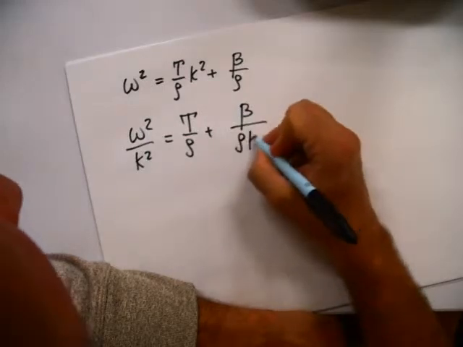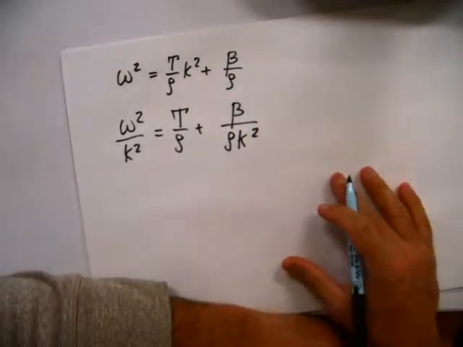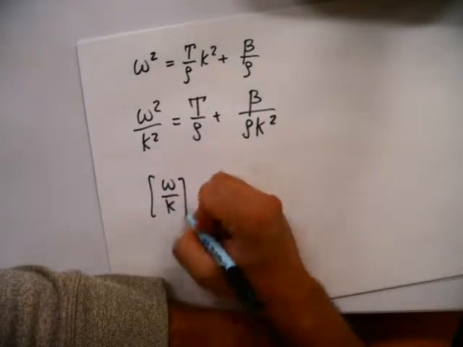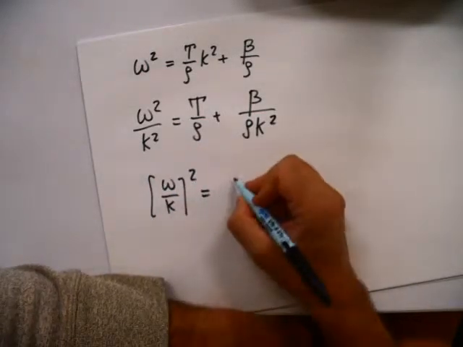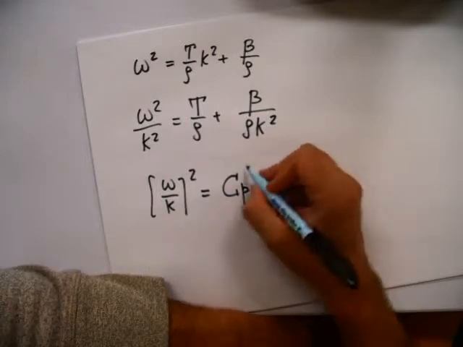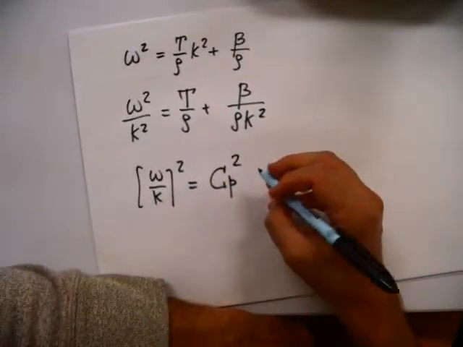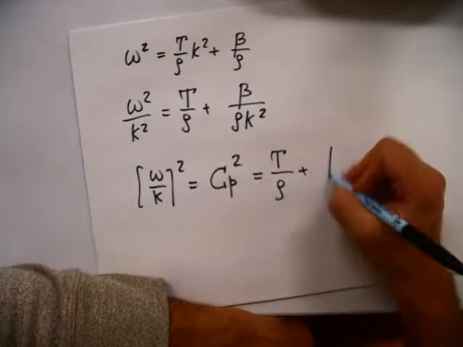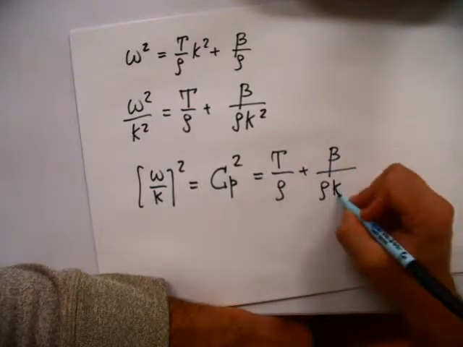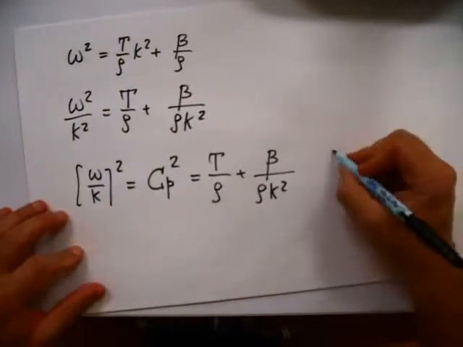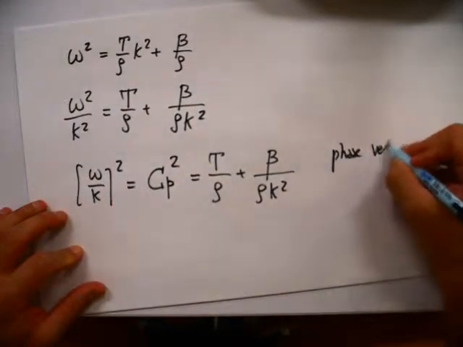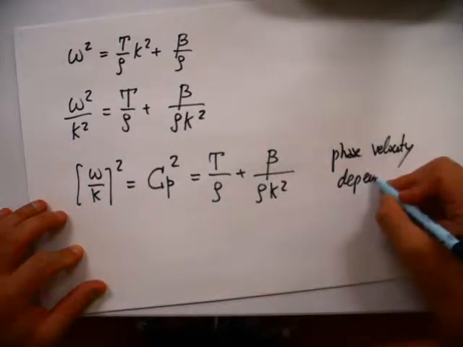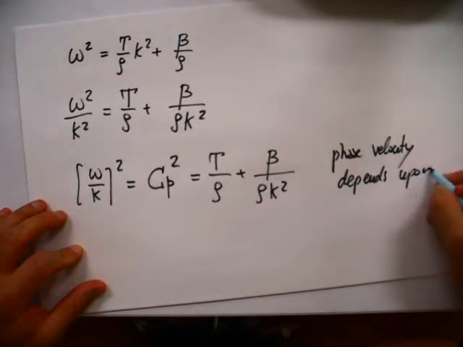And this guy we can write as omega over k, squared, and this is nothing else than the phase velocity squared, which is equal to T divided by rho plus beta divided by rho k squared. So the phase velocity depends upon the wave number k.